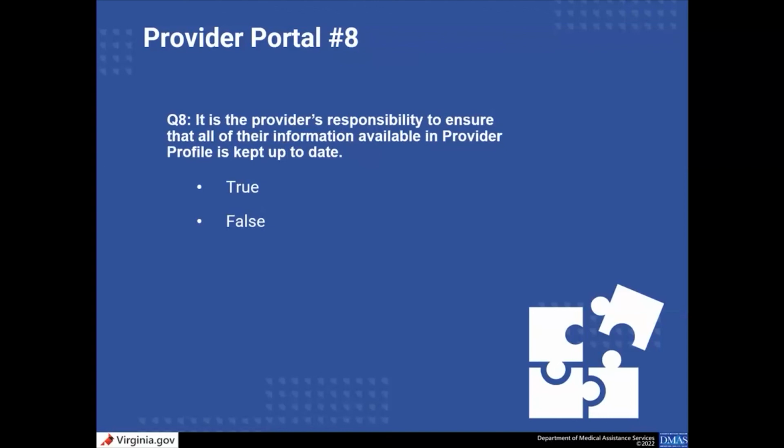Question 8. It is the provider's responsibility to ensure that all of their information available in Provider Portal is kept up to date. Is this true or false? The correct answer is true. Question 9.